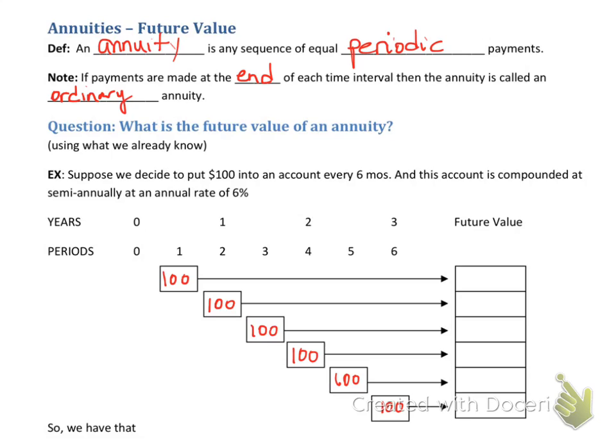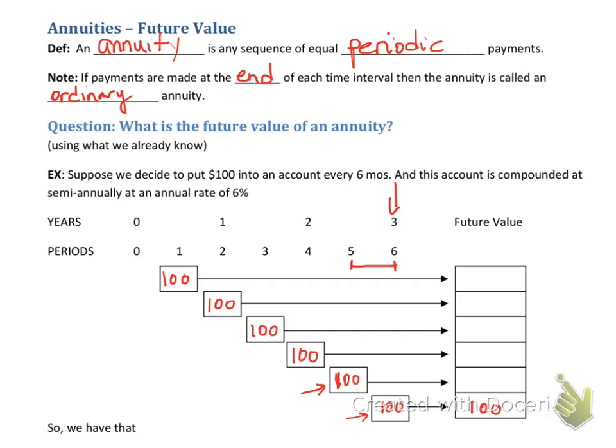So look at the last $100 first. That's actually the easiest one to consider. It is at the very end of the entire investment, which means it has had no time to accrue interest. Its final value is exactly $100. Now let's look at the second $100, second from the bottom. It has one interval over which it can accrue.